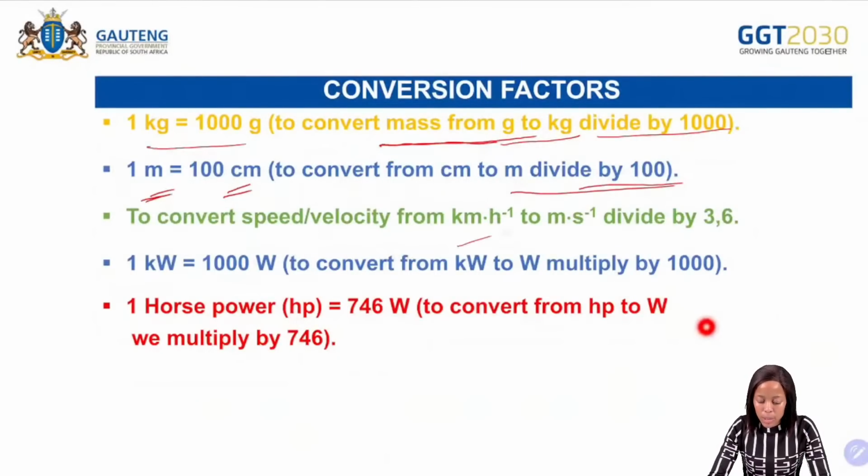And then kilometers per hour to meters per second, we need to divide by 3,6. And then to convert from kilowatts to watts, we multiply by 1,000. And then from horsepower to watts, we need to multiply by 746. So these are not all the conversions, but just make sure that you familiarize yourself with all the conversions that we have there.